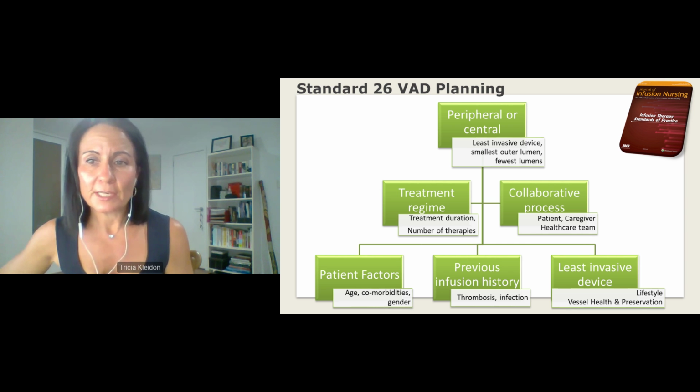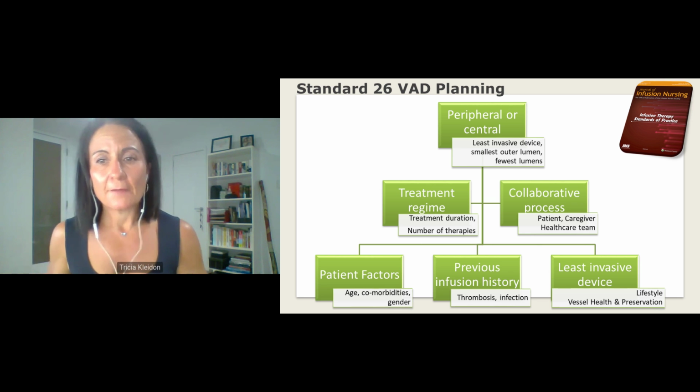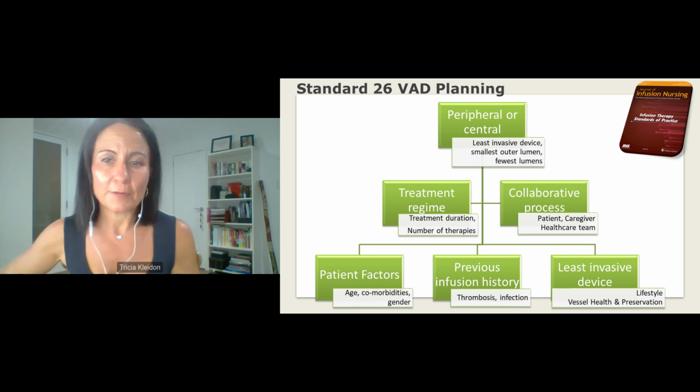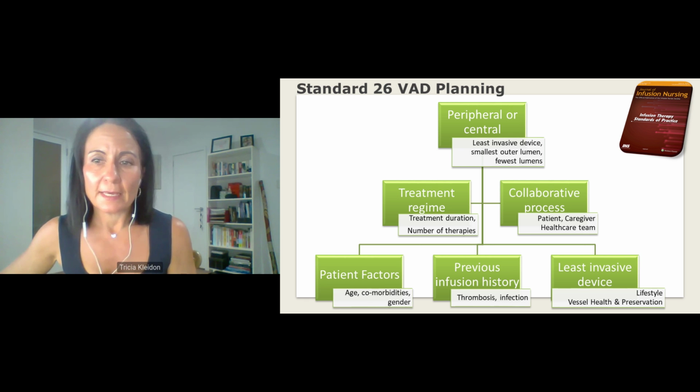And to fully appreciate this, it must be a collaborative decision between the entire healthcare team, and this includes the patient and their caregivers. And finally, when we consider the various vascular access device options, consider patient factors including previous infusion therapy, their history, and ensure that the least invasive device with the fewest lumens that will meet the patient's lifestyle needs and promote vessel health and preservation is inserted.